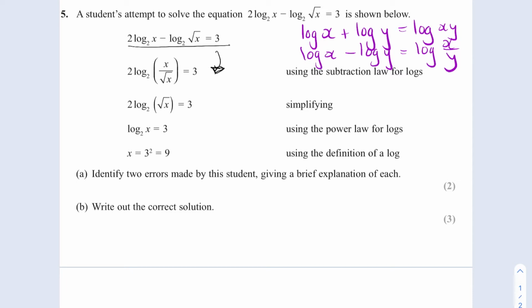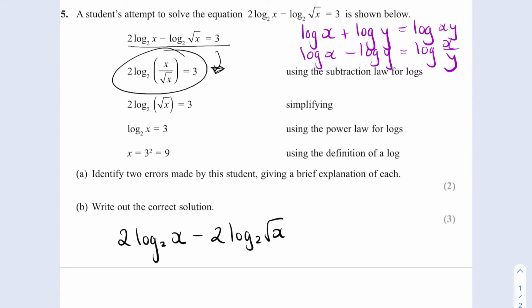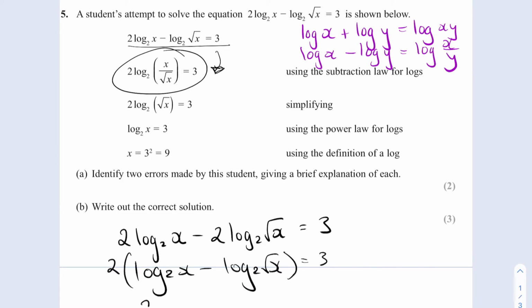So what they've done is they've tried to combine 2 logs into division, but there's a problem here because it looks like they've tried to factor out a 2, which is not there. The only way this would work is if we started off with 2 log 2x minus 2 log 2 root x equals 3, which we would then factor out the 2 to have this, which we could then say is equal to a single log where we have division on the inside.